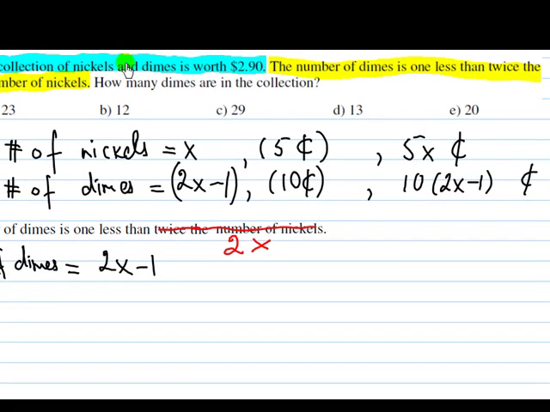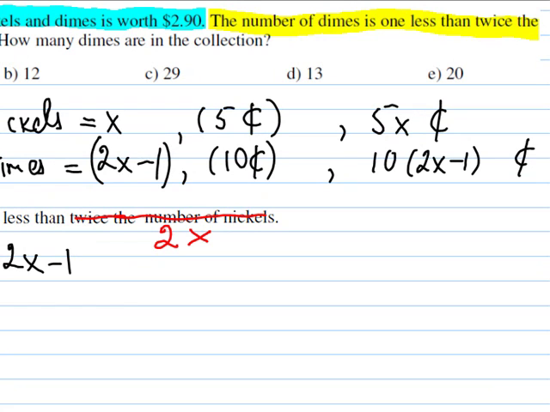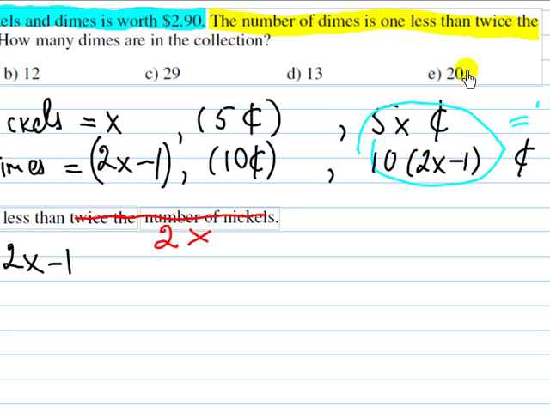And this sentence here says all of those two together total is $2.90, or 290 cents.